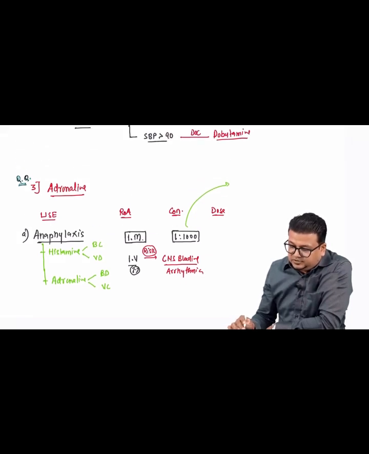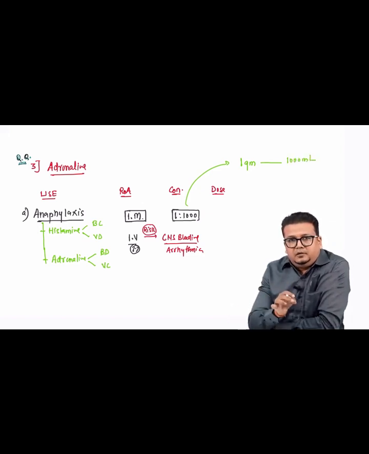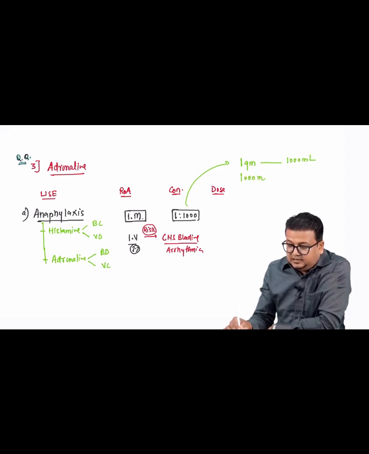So 1:1000 means 1 gram of adrenaline dissolved in 1000 ml of water. 1:1000. 1 gram dissolved in 1000 ml. Now 1 gram is equivalent to 1000 milligram.